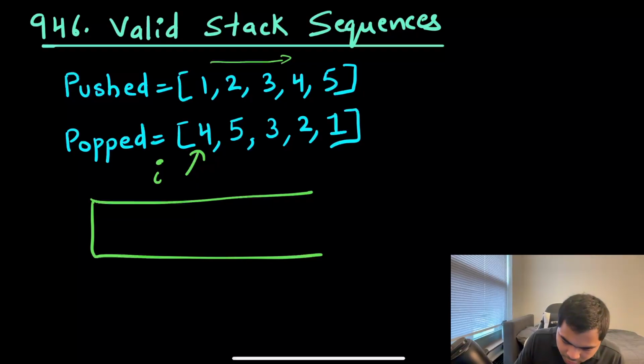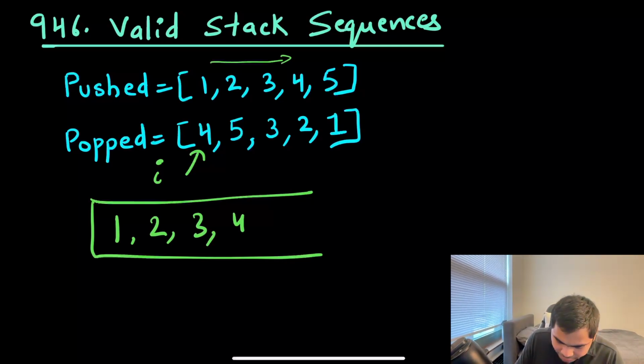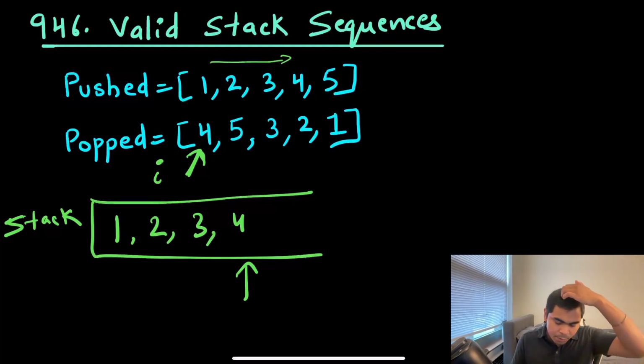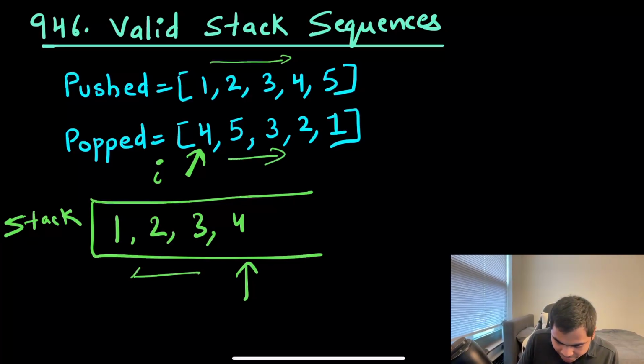Okay. So I'll append 1, then I'll append 2, then 3, then 4. Now the top of my stack, this is my stack, I can see 4 matches this value. But remember, at this point I'm going to pop 4, but there might be multiple values that I can keep seeing, and I still have these values in my stack.